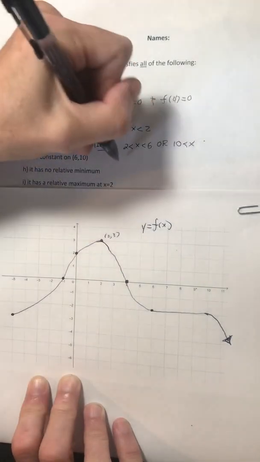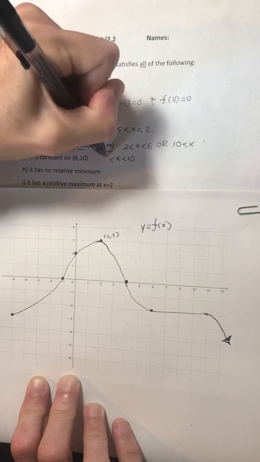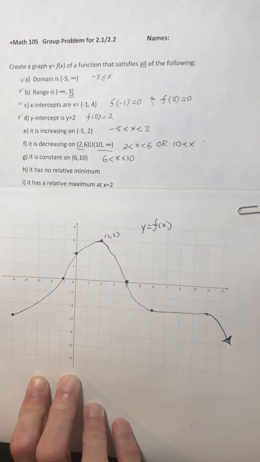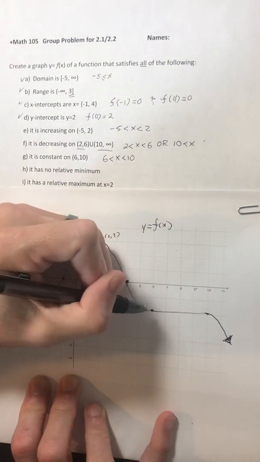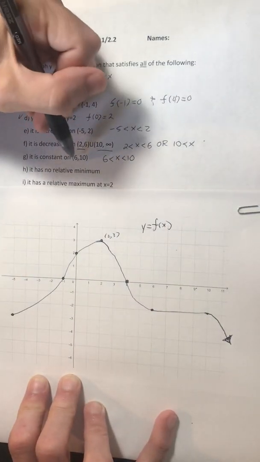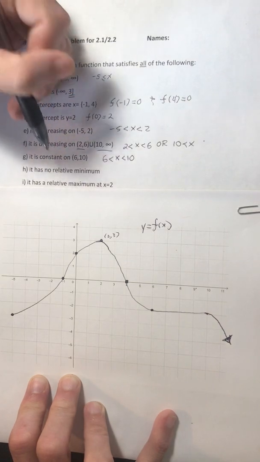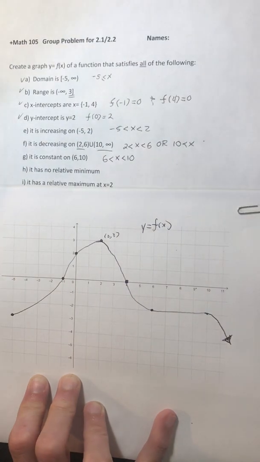And then it's constant between 6 and 10. In fact, it's constantly -2. It's always -2 from that point, from 6 to 10. It is also -2 at 6 and at 10, but again, when you have increasing, decreasing, constant intervals, they're always open intervals, round brackets.